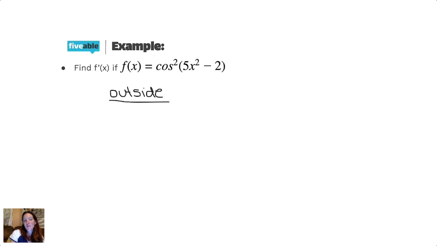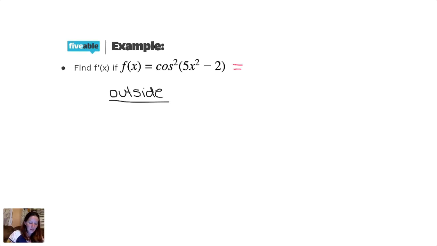Okay, so cosine squared is a good guess, right? But cosine squared is actually 2 different functions, right? It's squared and it's cosine. So we actually want to split those up. That's why this one's tricky, because there's actually 3 pieces. Sierra is correct that the squared part is our outside part.